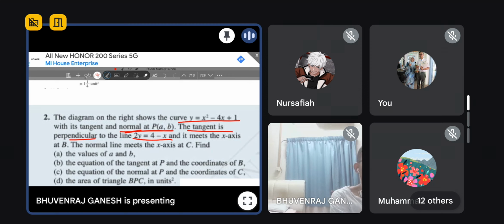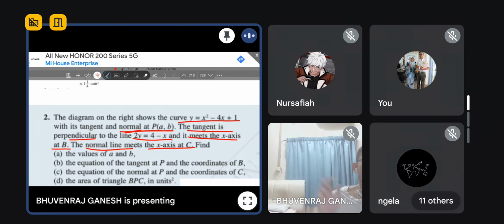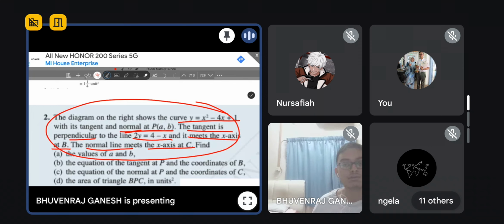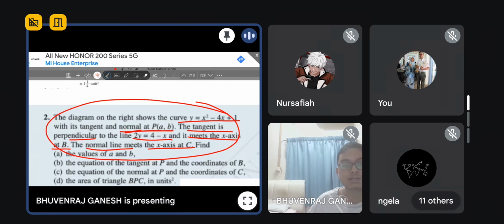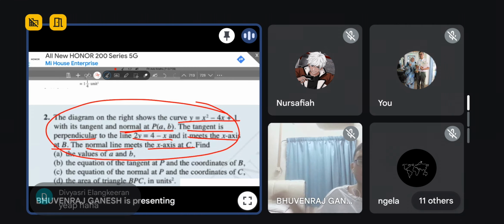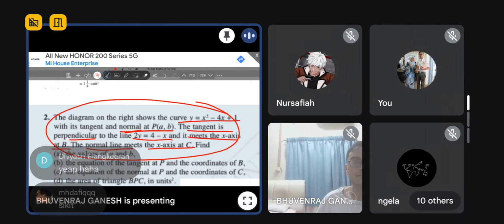Okay, and then dia pintas paksi X pada titik B. Lepas tu garis normal pintas paksi X pada titik C. Okay guys, kalau kamu baca pernyataan ni sahaja, if you only read the statement, do you find it confusing? Adakah kamu keliru? Banyak sangat info kan? A lot of information. Yes.